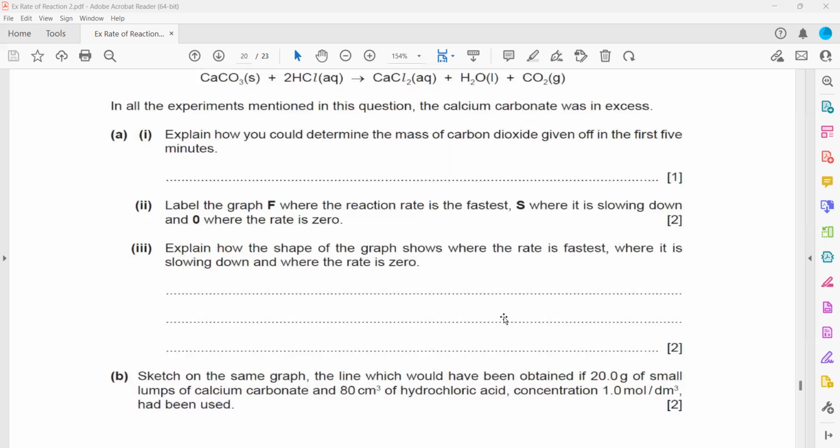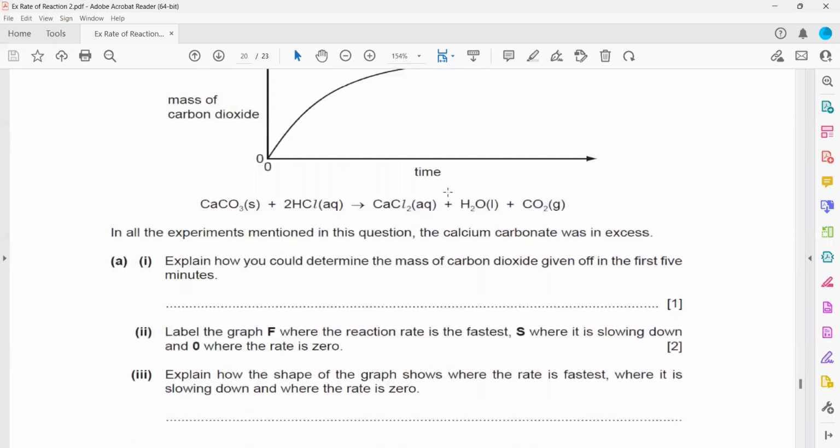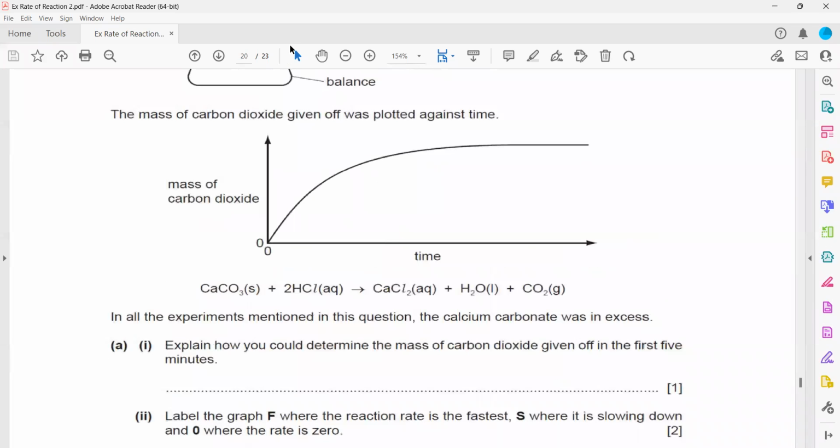The slope is decreasing, so the rate is decreasing. Gradient 0 means no reaction, or the reaction has stopped. With reference to the graph, in the beginning it is much steeper, that's why it is fast. Then the slope is decreasing, so it slows down. And then the slope is 0, so the reaction stops.